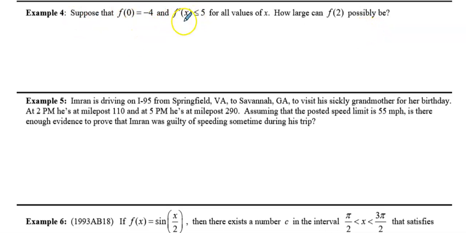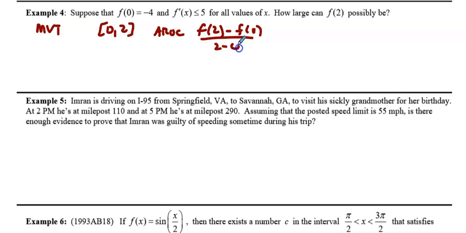We can look at this and say the derivative is the instantaneous rate of change at some value x, and this is going to be a mean value theorem example, because if I ask you to look at the interval from 0 to 2, then I can find the average rate of change. The average rate of change would be f of 2 minus f of 0 all over 2 minus 0.